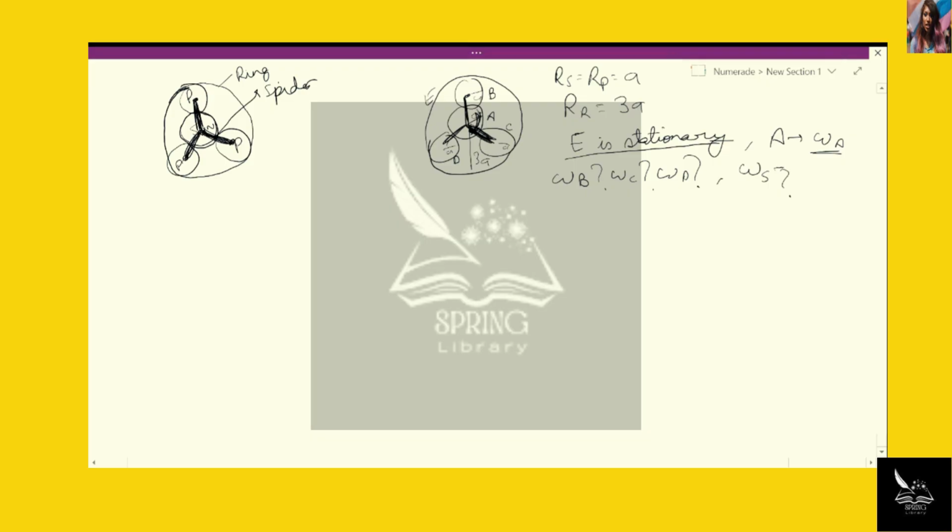Okay, to solve this problem, like in all the problems we have followed, we break the motion into translation plus rotation. And the important thing to remember is that at touching points, gears have the same velocity.